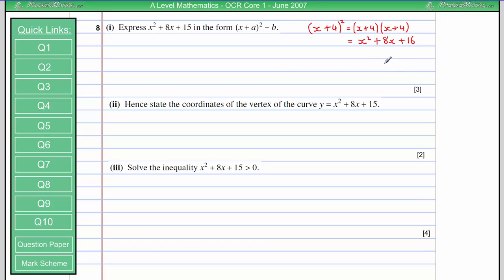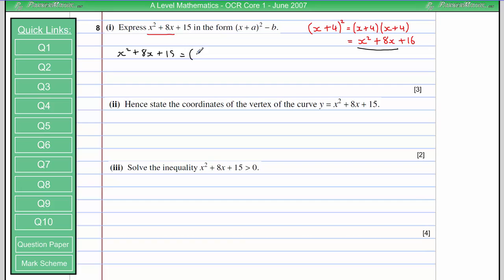The reason I've done that is because here we've got x squared plus 8x. So if we want to write this as a square bracket, we could start by saying that x squared plus 8x plus 15 is going to involve this square bracket here, because we've got that x squared plus 8x over here as well.